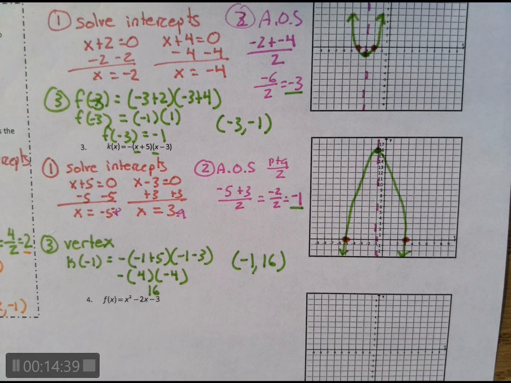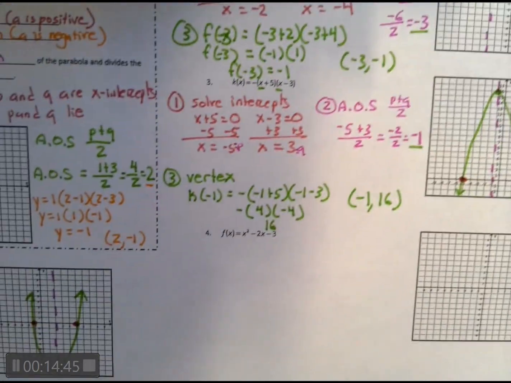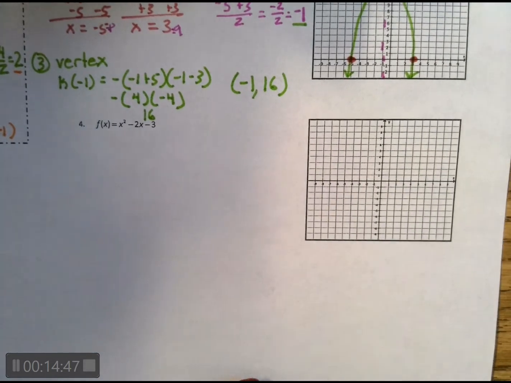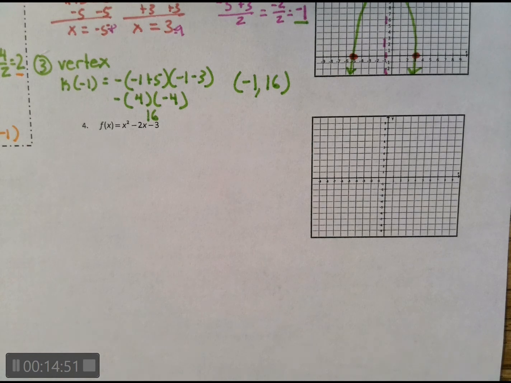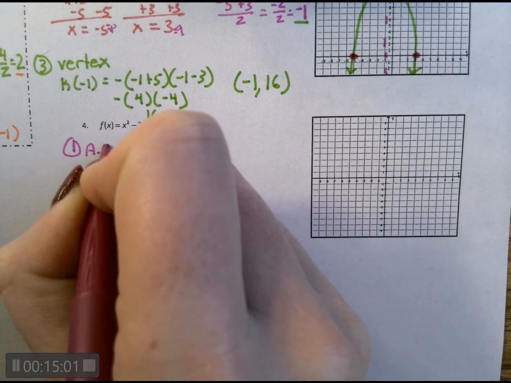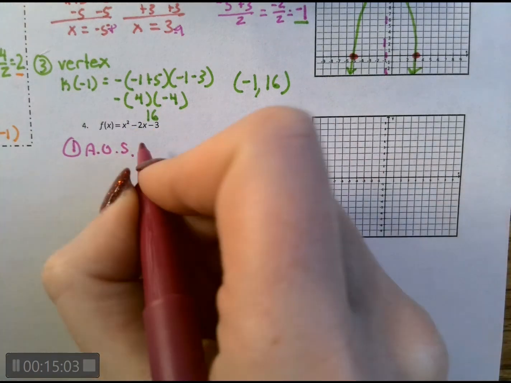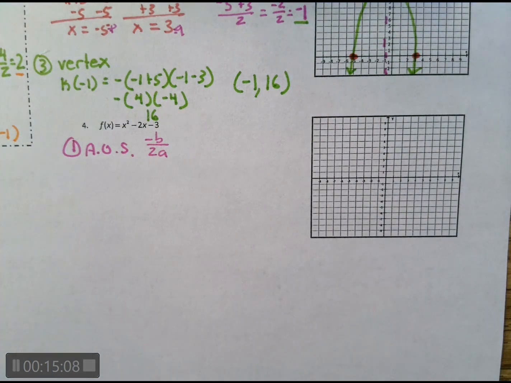Alright. And hey, look at that. It throws in a standard form one so that we remember how to do it in standard form. Okay? So, remember in standard form, our first step is to solve our axis of symmetry, which is going to be negative b over 2 times a.